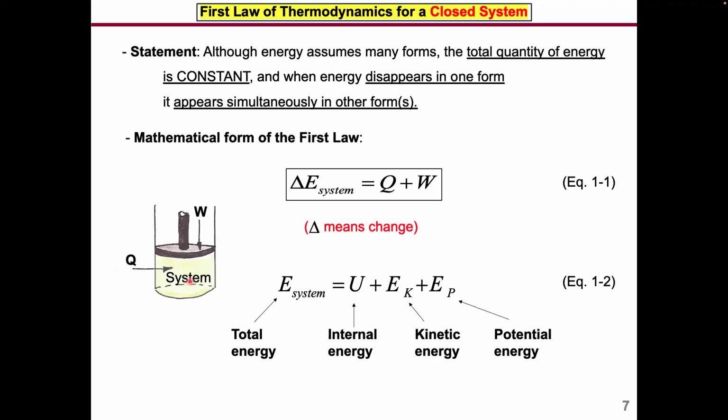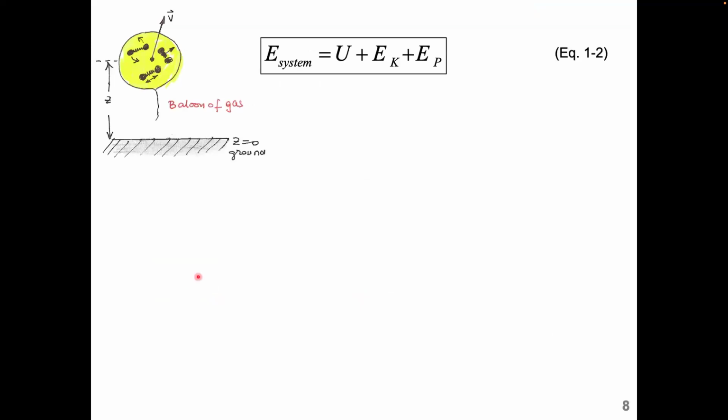And we will give you more details on this slide here. All right, let's talk about total energy: internal energy plus kinetic energy plus potential energy. Let me give you an example. Think about a balloon rising into the sky, okay? You release it, and the air inside is, let's say, helium, which has a lower density than the surrounding air, so it will rise.